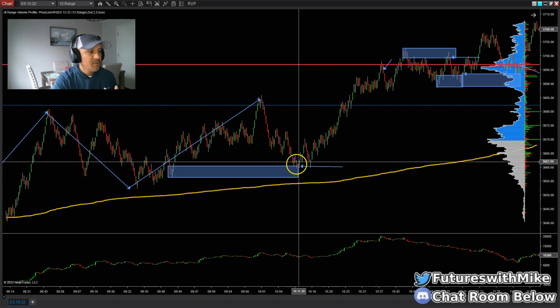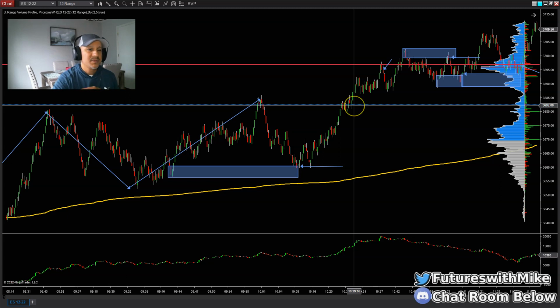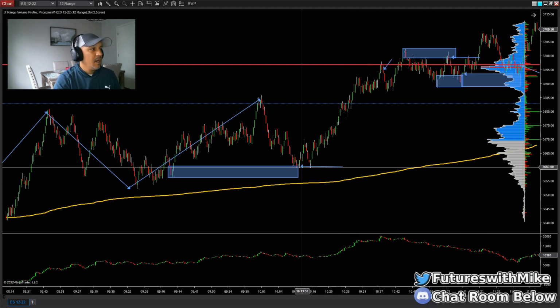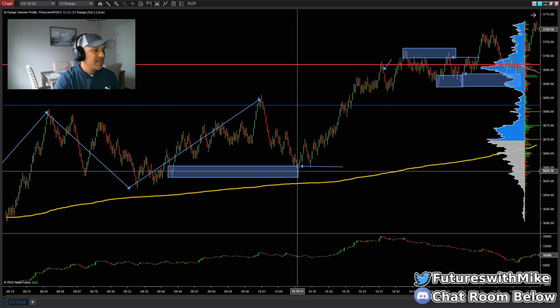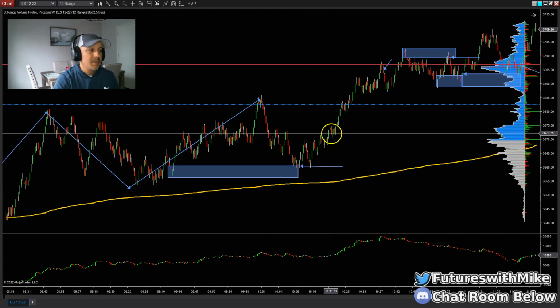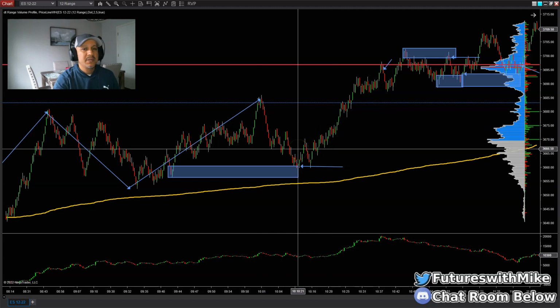Now, if there's news or some kind of event going on in the markets, price will just blast in one direction, and you may get several big green candles. But typical price action is going to be push up, pullback, ebbs and flows, pushing up, pulling back, before it gets to a certain area. And sometimes people can't weather that storm because they get a little scared and jump out of a trade.